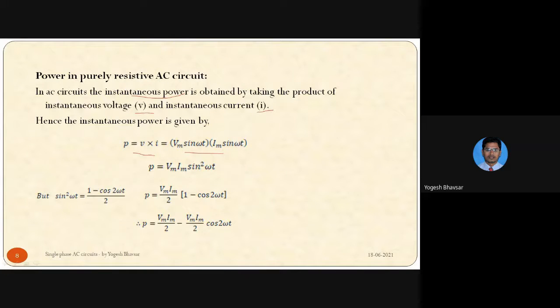Then take the product: Vm into Im sin square omega t. Then sin square omega t is (1 minus cos 2 omega t) by 2. So we can put it here, Vm Im by 2 into (1 minus cos 2 omega t). Then separate these terms: Vm Im by 2 minus Vm Im by 2 cos 2 omega t.